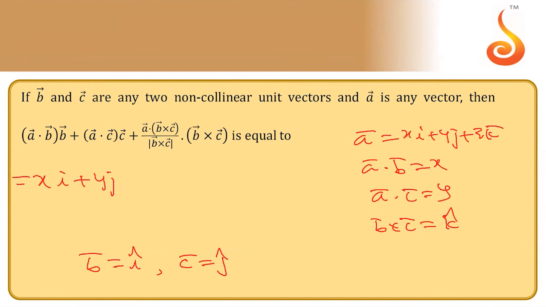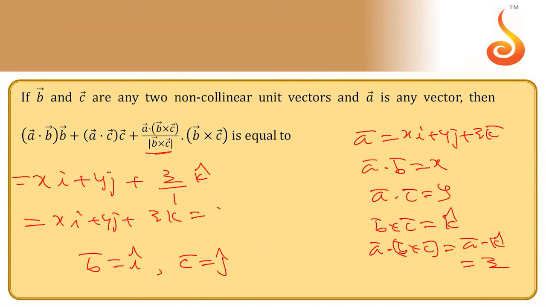That means A dot (B cross C) is A dot k, which is nothing but z. So this is z times B cross C, which is k, whose modulus is 1. This is k bar. So xi plus yj plus zk will be A bar, which is the answer.